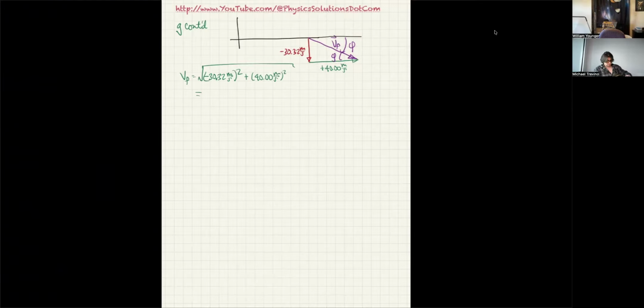So the magnitude of this becomes 30.32 squared, and that gives me 919.3. And then 40 squared, that gives me 1,600.